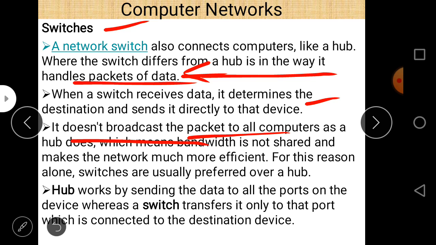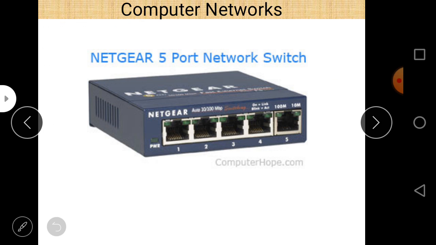It sends data to a particular computer system or particular MAC address, and that's why it is called an intelligent hub. And this is a 5-port network switch. So it looks like this.